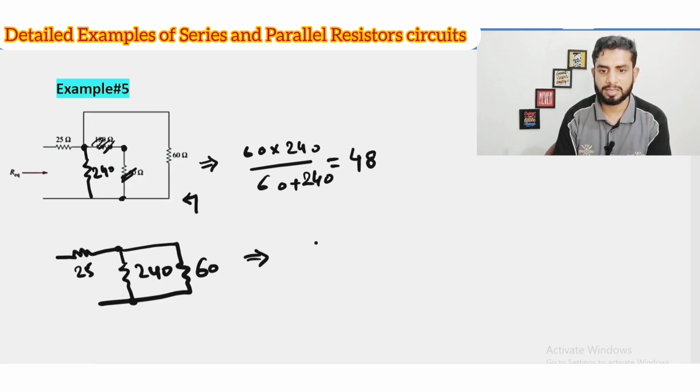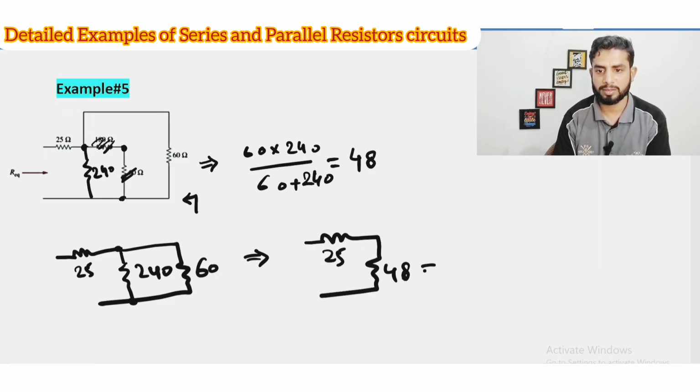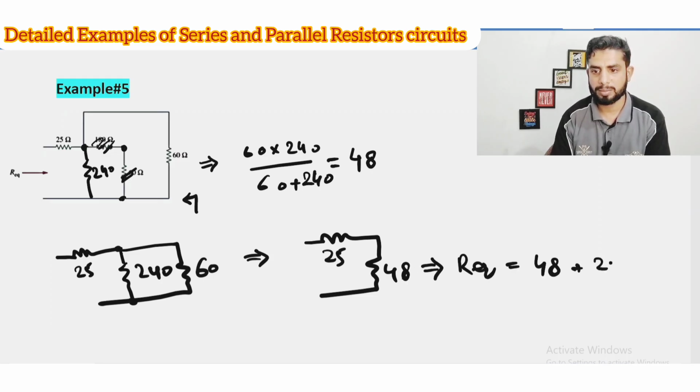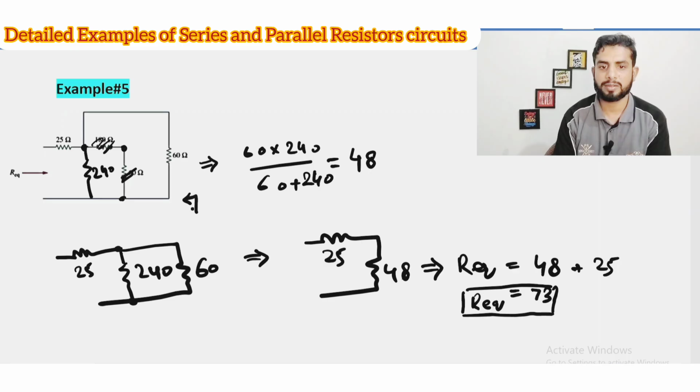Their resultant will become 48 and 25. Solve it, you will get R equivalent is equal to 48 plus 25, that will become 73. So R equivalent is equal to 73. That is the final solution of the R equivalent for this circuit.